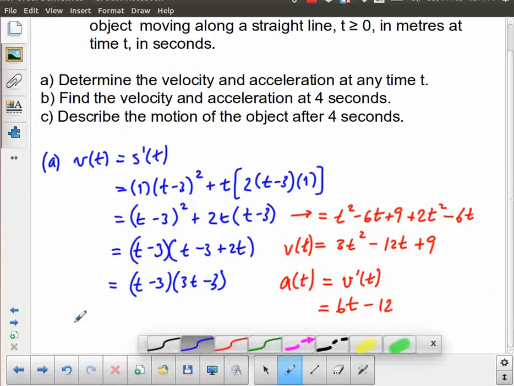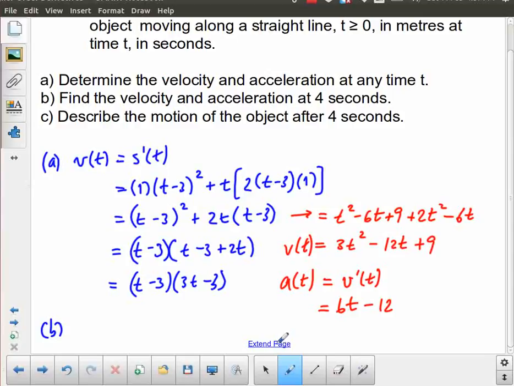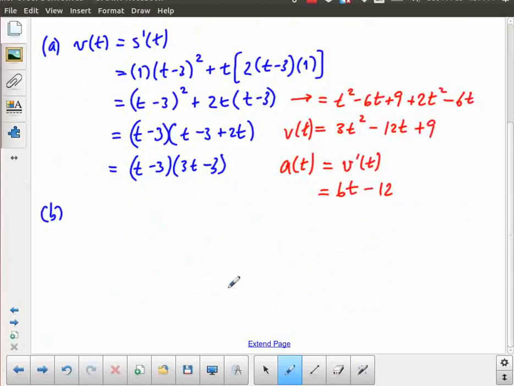For part B, I've been asked to find the velocity and acceleration at t equal 4 seconds. So what that really means is I want to know what is v at 4 using function notation.